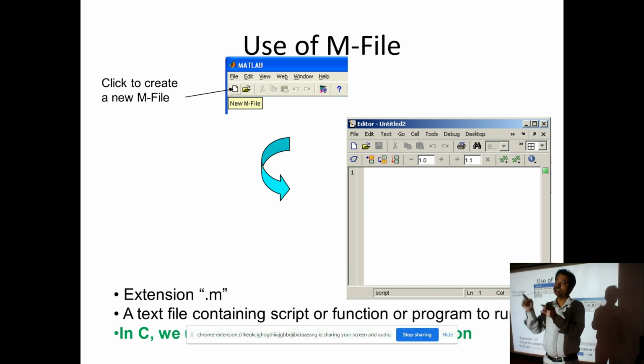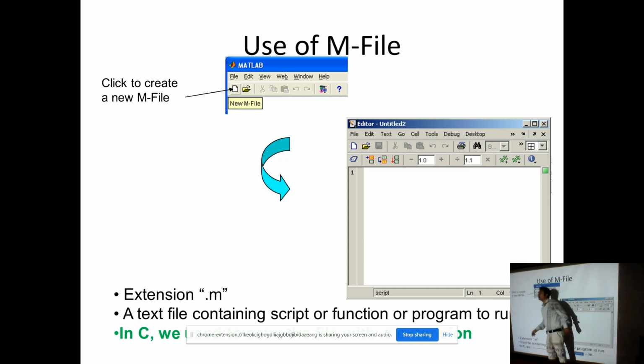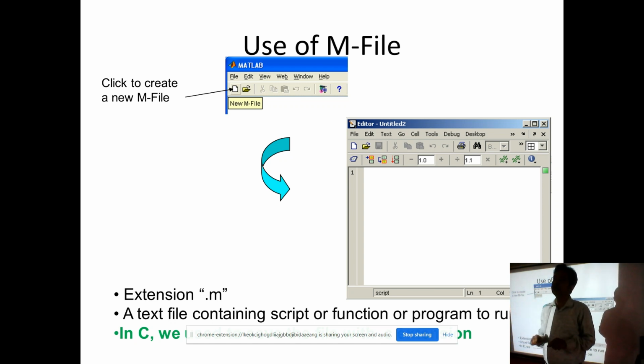Similarly, in MATLAB, we have to save in .m. Any file you save, after writing the file name, you save with .m. It's called the extension. Similarly, in C, we use .c.